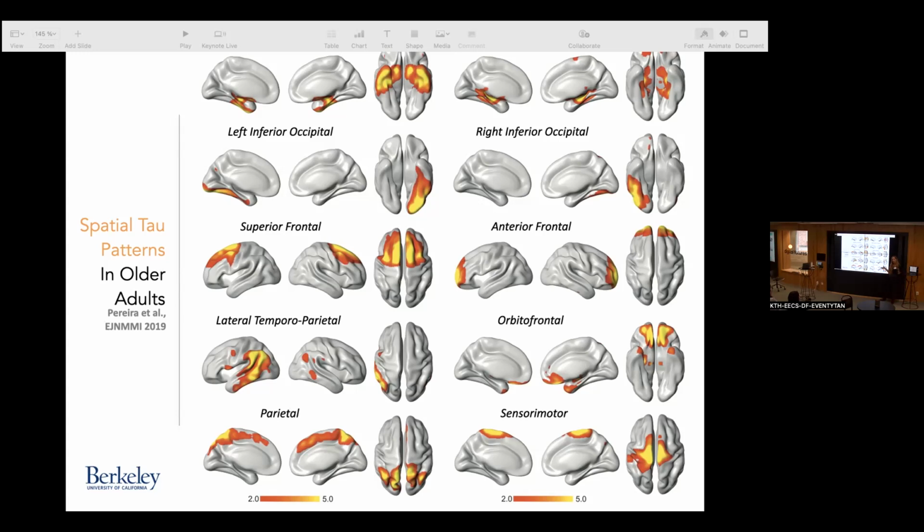We observed that they were indeed associated with retrospective cognitive decline over a period of 10 years, in particular in executive and memory functions, which are of course important for Alzheimer's disease. So we thought this would be a good way of assessing tau pathology and its association with cognitive functions in the context of Alzheimer's. But it could be applied to any other disorder, and with other PET tracers or other kinds of tracers.